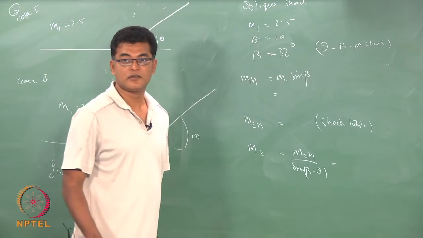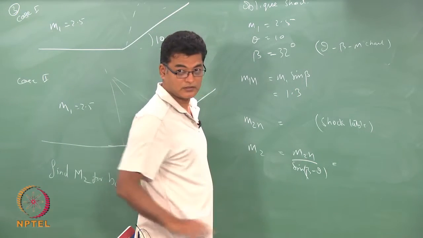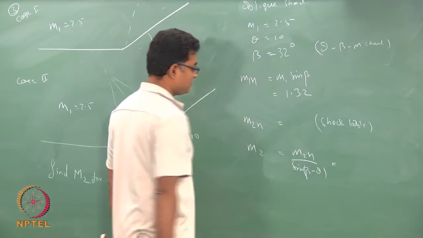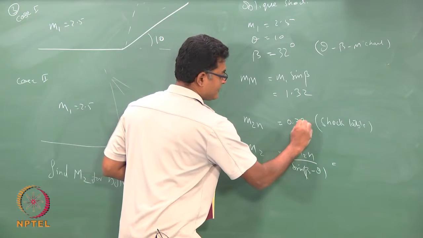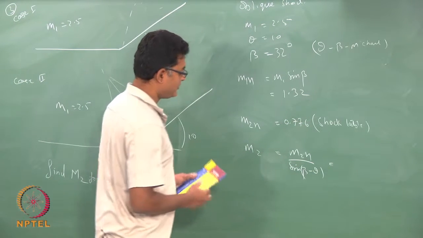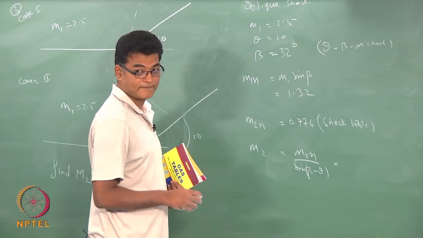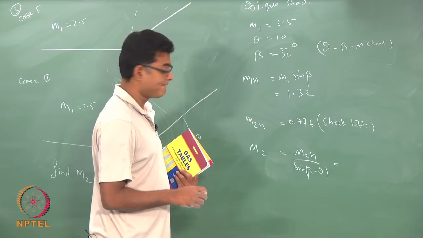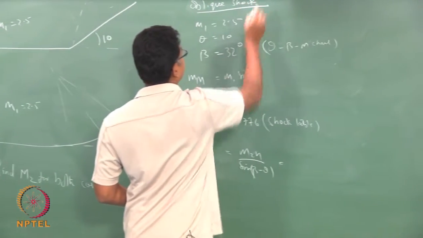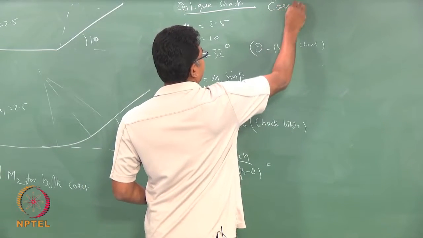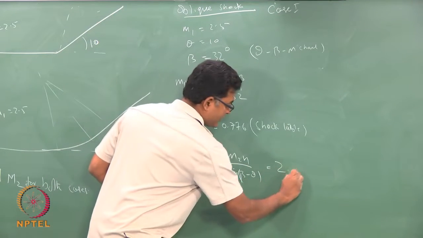M1n is 1.332, M2n is 0.776, and my M2 is 2.07.